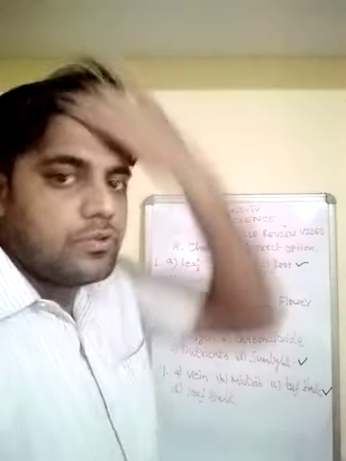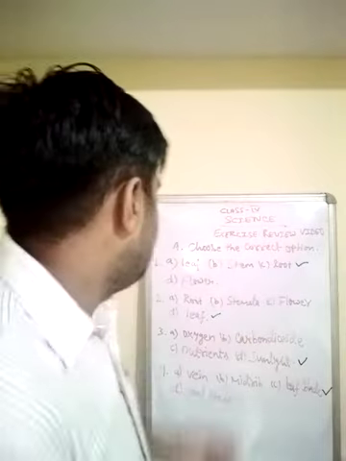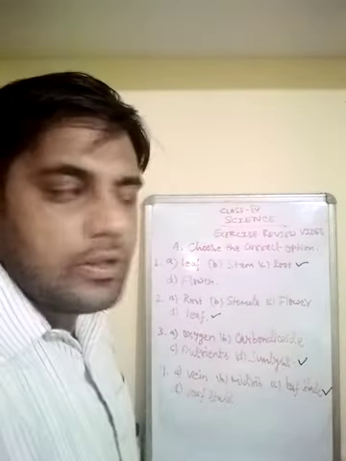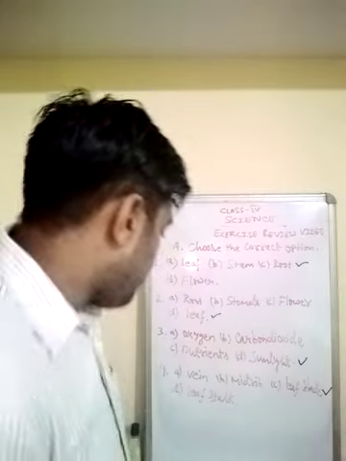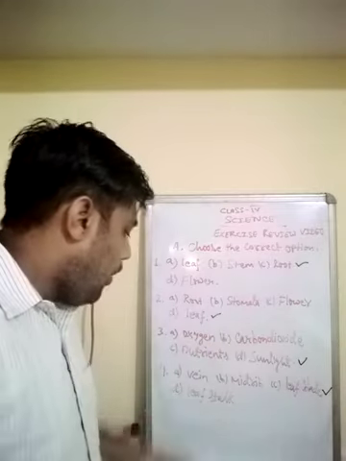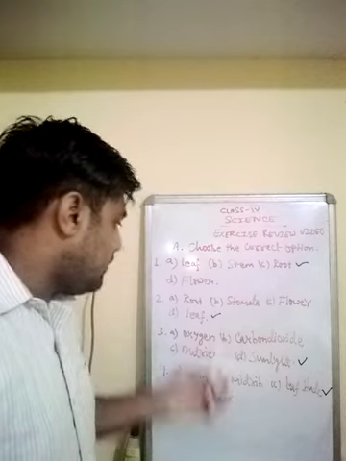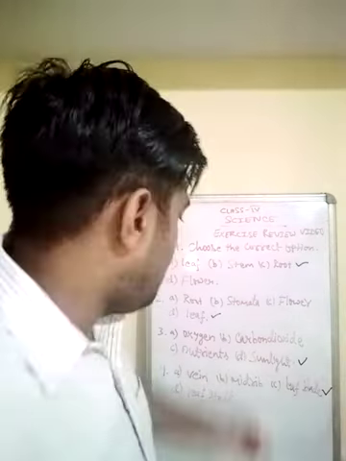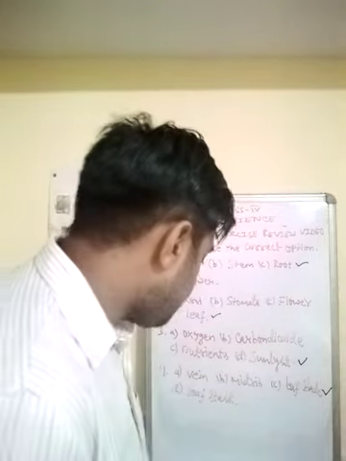Your options for that were root, stomata, flower and leaf, and your correct answer was leaf. Then chlorophyll helps to absorb. Your options were oxygen, carbon dioxide, nutrients and sunlight. Your correct answer was sunlight.